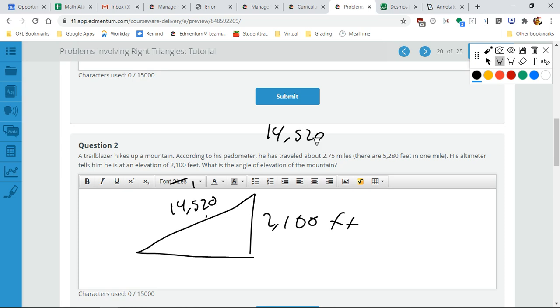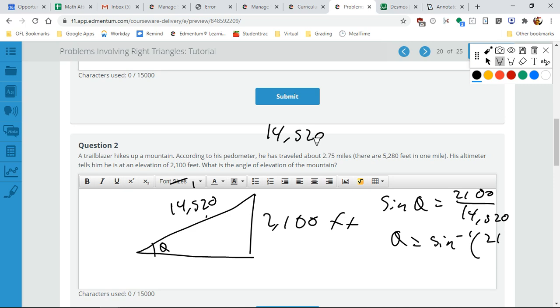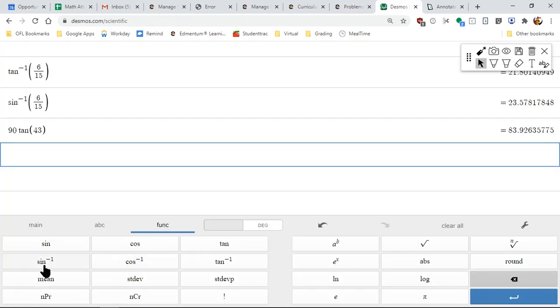All right. And now we're going to use opposite over hypotenuse. We're going to use sine of theta is equal to 2100 over 14,520. So remember, in order to get rid of sine, we have to use inverse of sine, the inverse of this fraction. So let's use Desmos, because Desmos is the only one with inverse apparently.